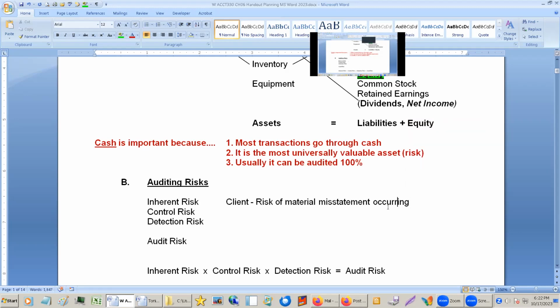Okay. The risk of material misstatement occurring. So what is the likelihood that there will be a material misstatement and it will occur? And again, this is the client. The client's people are working throughout the year, and the risk of material misstatement occurring. What is the risk of it?